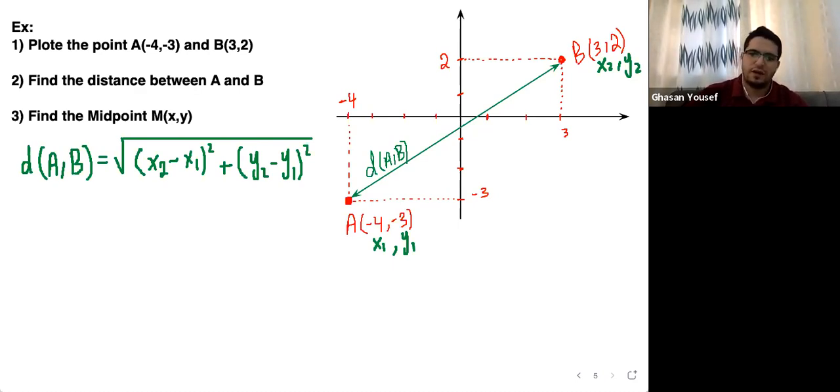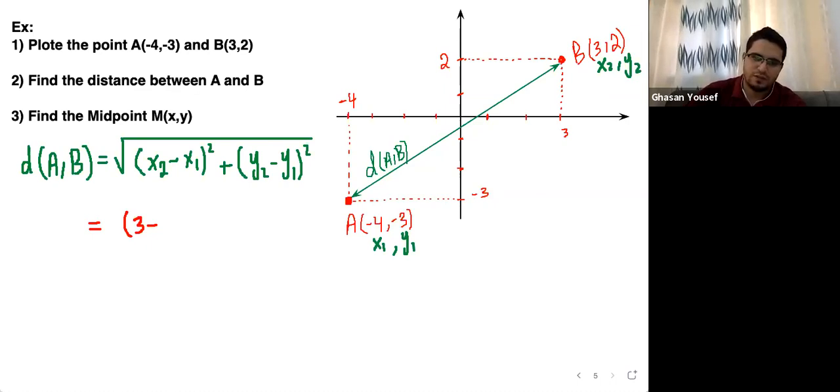Now, suppose this is my x2, this is my y2, and the same thing here. This is my x1, this is my y1. So just plug into the equation. This is equal to the square root of x2, which is 3, minus x1, which is minus 4.